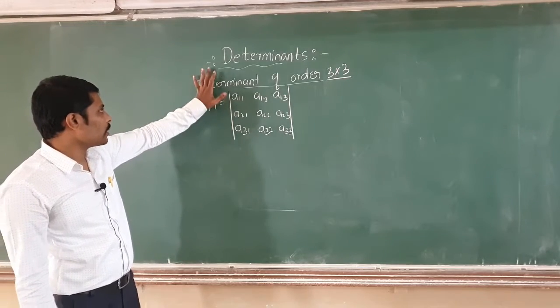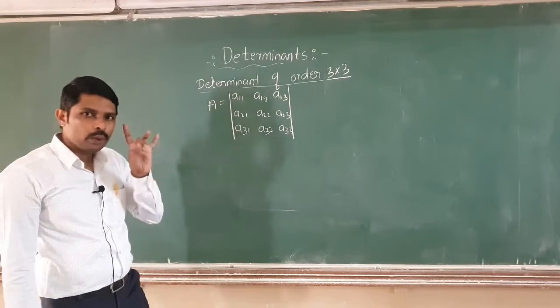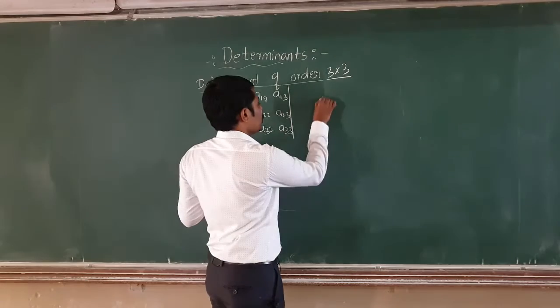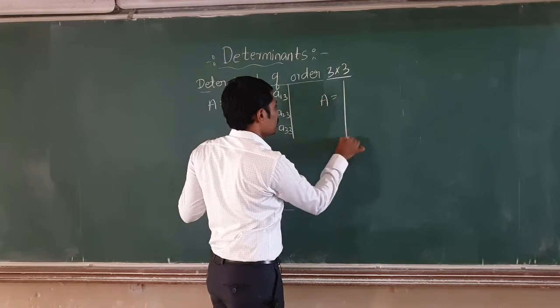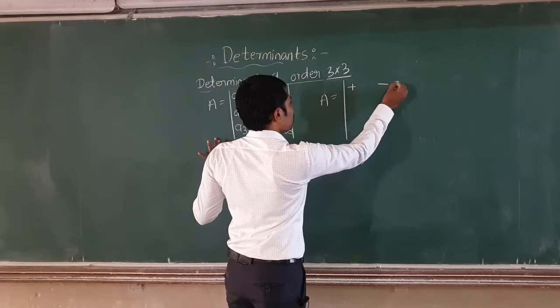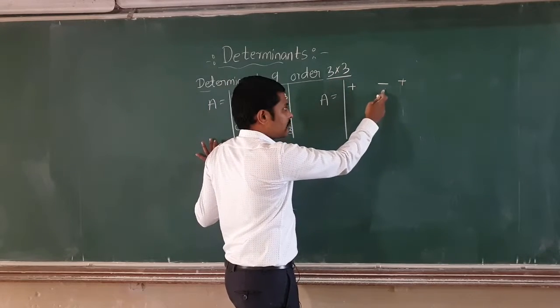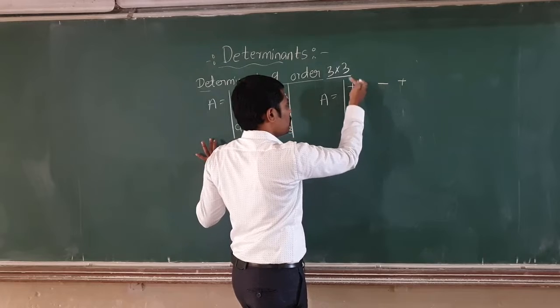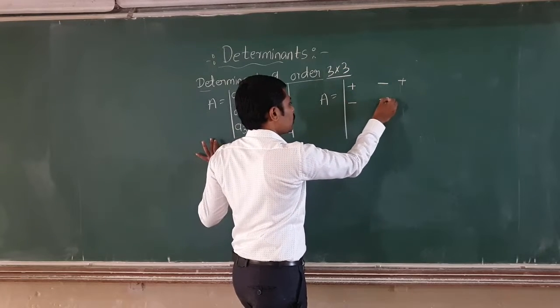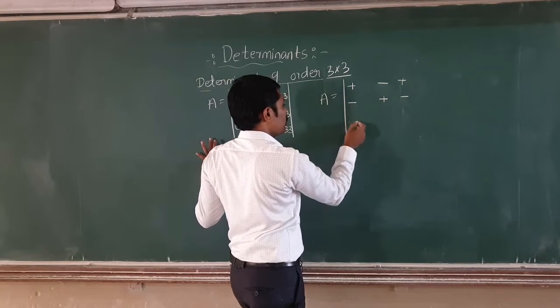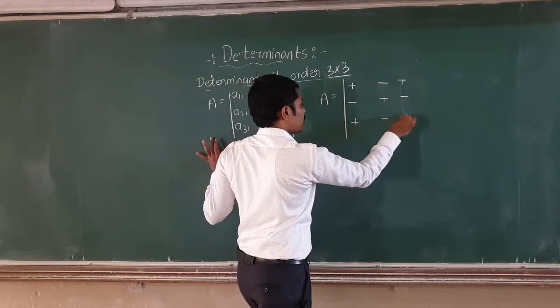To find determinant of order 3 cross 3, we have to remember this sign convention. That sign convention is plus minus plus. Cyclically we will change. After plus, minus. After minus, plus. Then after plus, minus, plus, minus. After minus, plus, minus, plus.